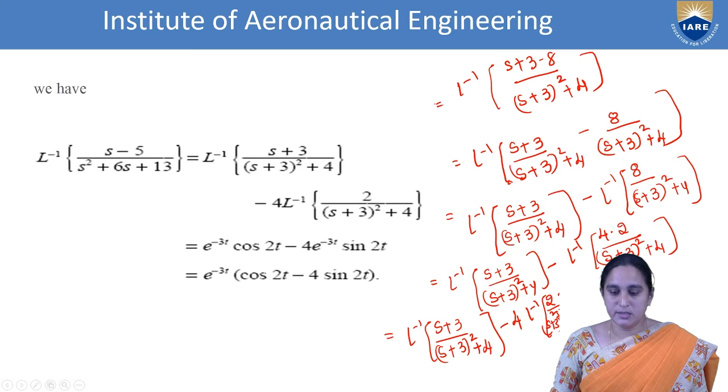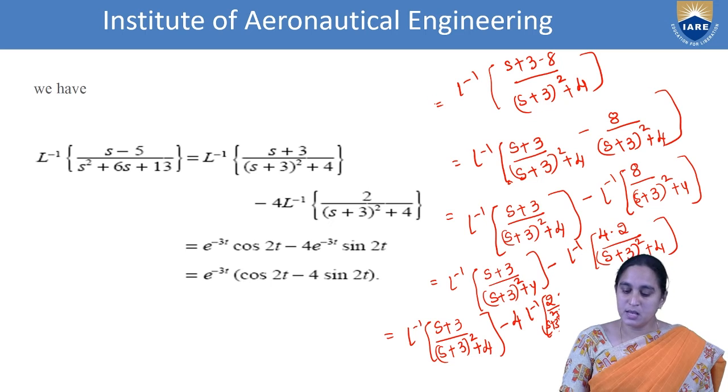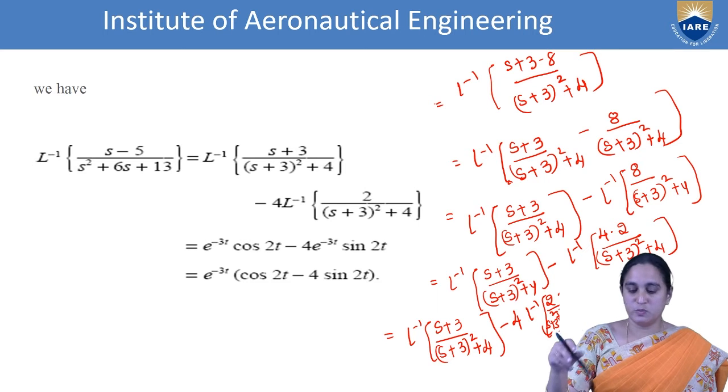That is Laplace inverse of (s plus 3) by (s plus 3) whole square plus 4, minus 4 into Laplace inverse of 2 by (s plus 3) whole square plus 2 square.